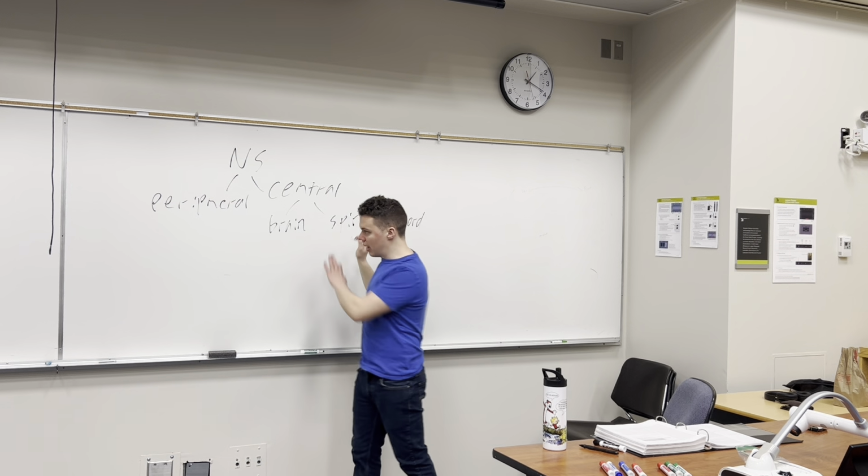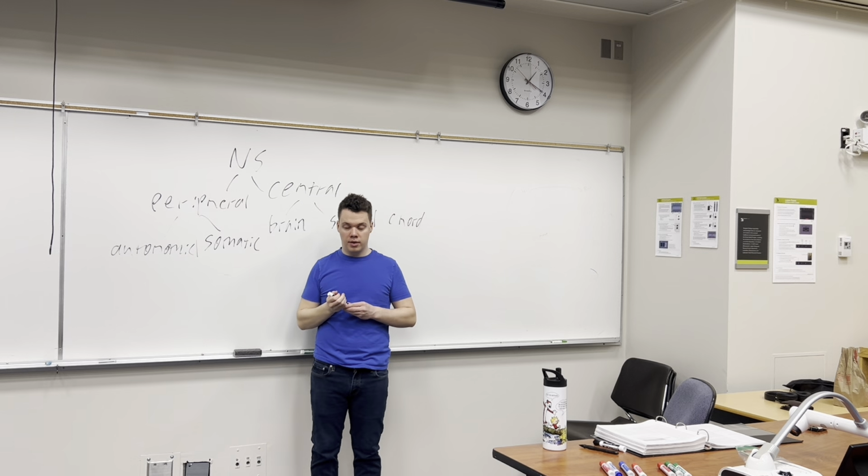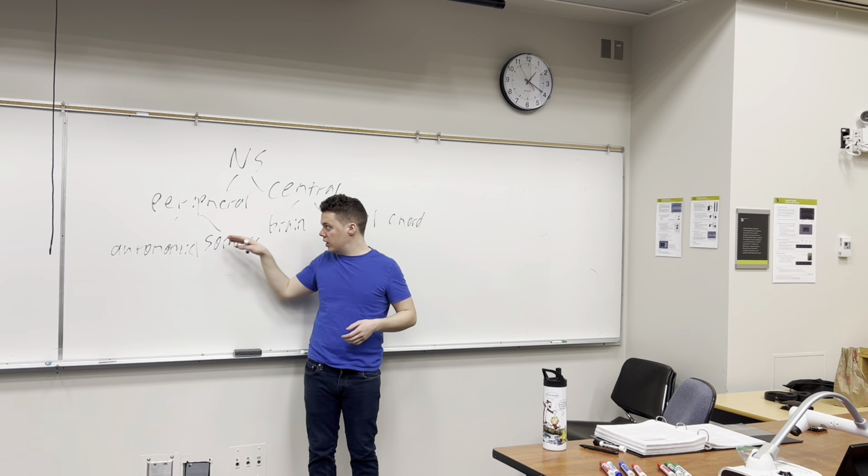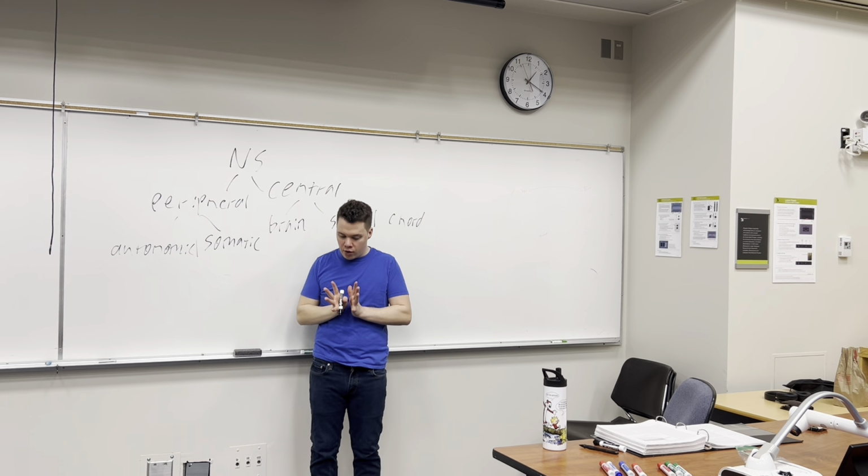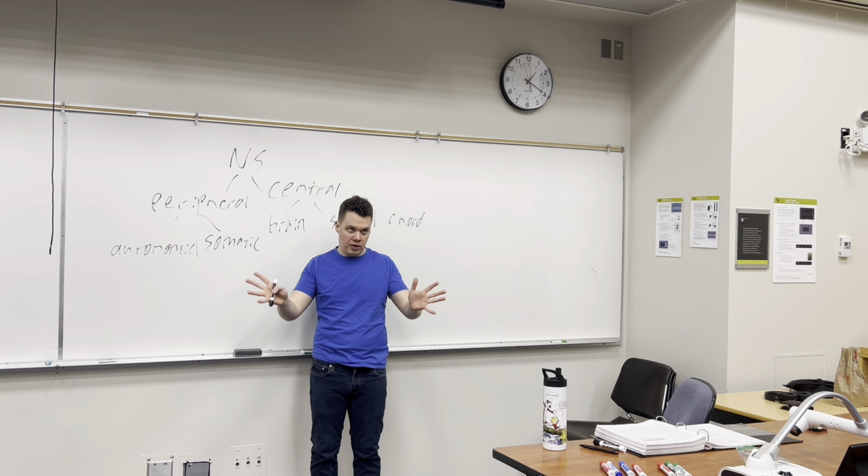So the peripheral includes the somatic and the autonomic. The peripheral is the nerves that go out from the spine, so the nerves in the rest of your body.